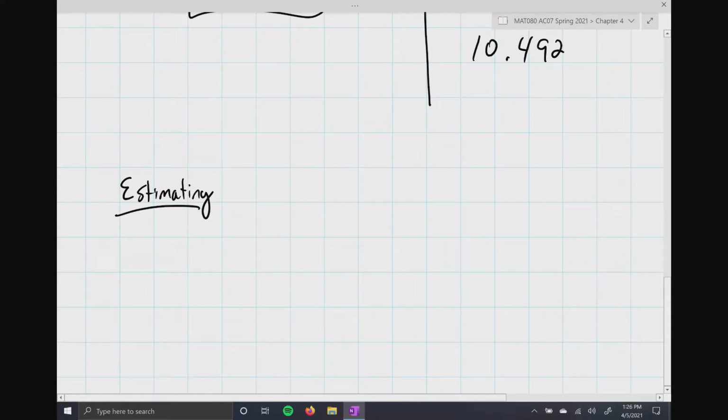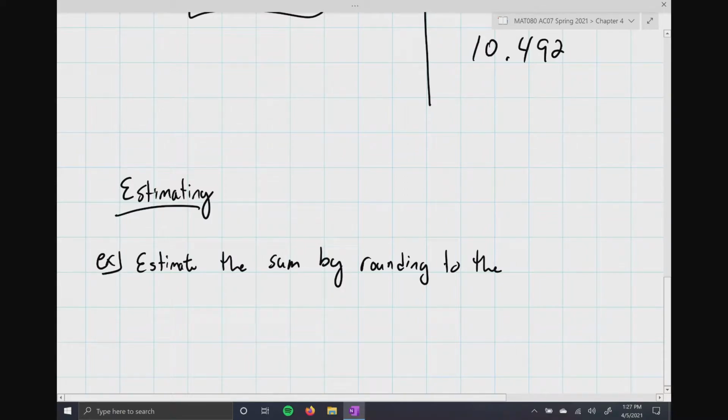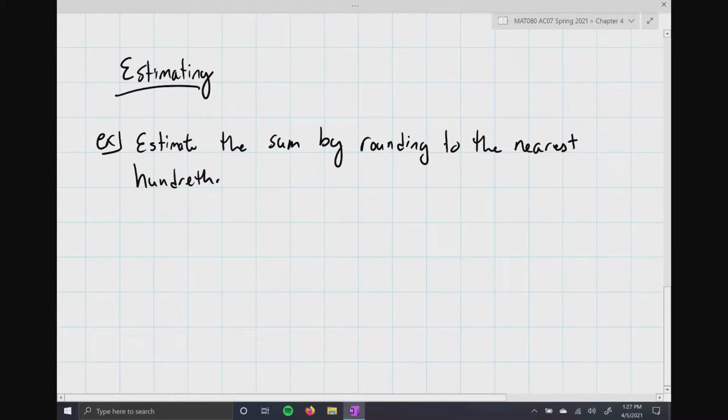So an example would be something along the lines of: estimate the sum by rounding to the nearest hundredth. All right, and here are the numbers.